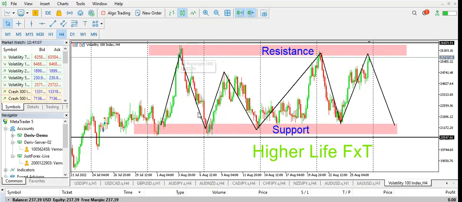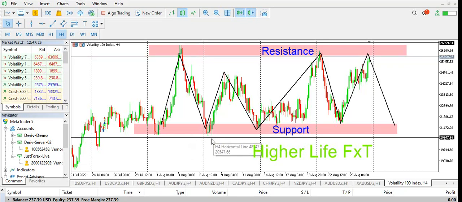It is a risk to reward ratio that you can use. You can see that our stop loss is not that far. We don't want to lose more. We don't want to lose a lot of money. We want to cut our losses before they go far.